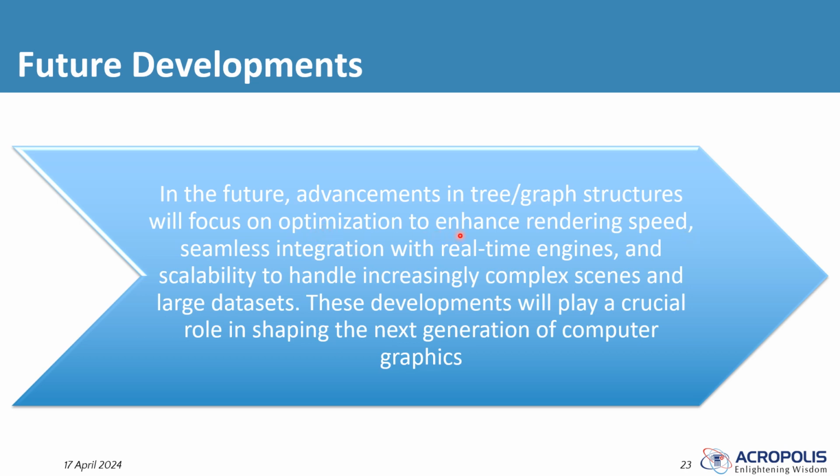The second is seamless integration with real-time engines. And the third is scalability to handle increasingly complex scenes and large data sets. So these are the three main things for future developments.